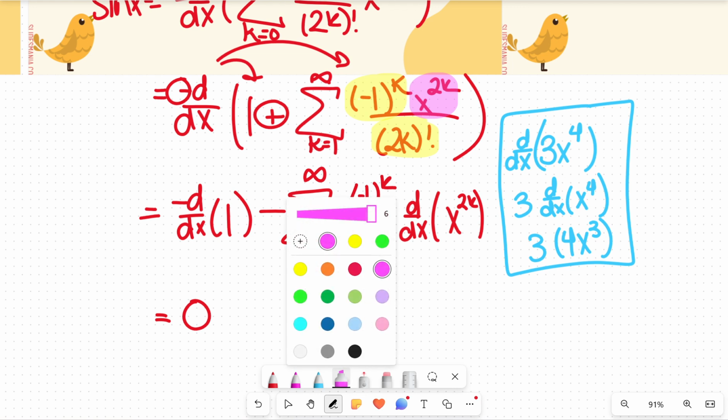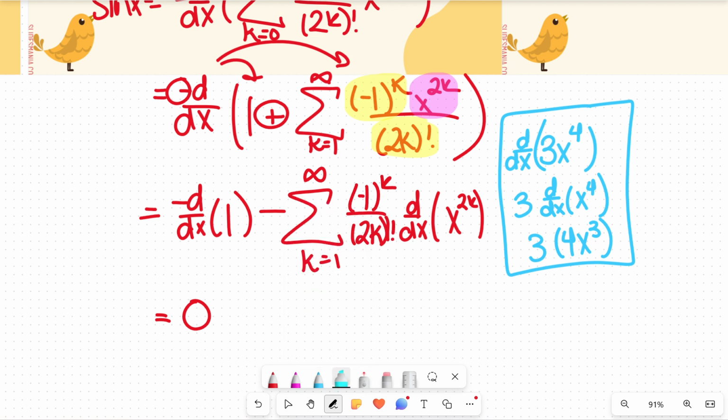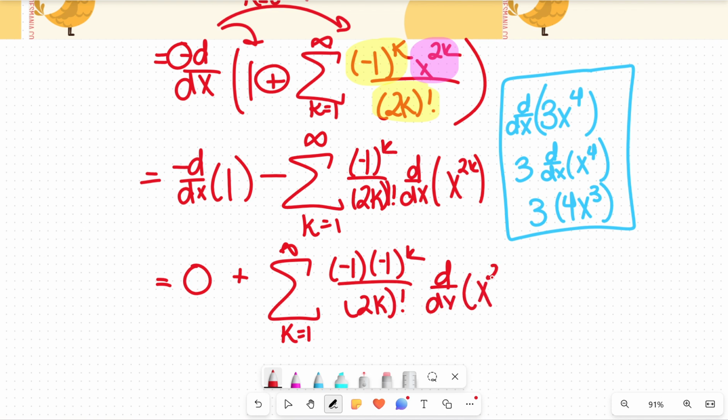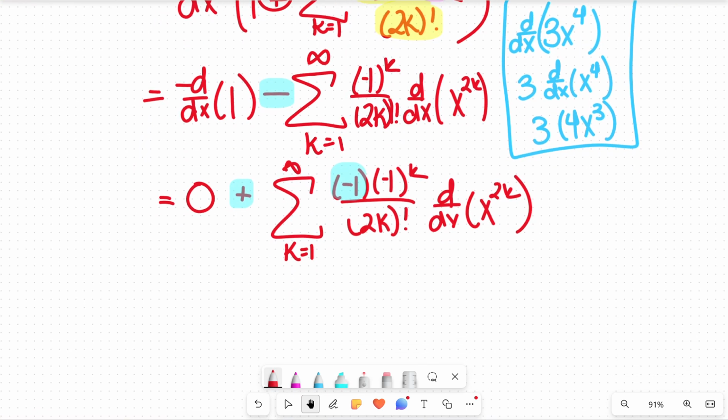So I'm going to say that this is equal to the sum from k equals 1 of negative 1 times negative 1 to the k over 2k factorial, and then I'm going to leave my derivative alone for now, x to the 2k. All I did at this step was say that this negative is actually just negative 1. I'm moving it there so I can change this to be a plus sign.